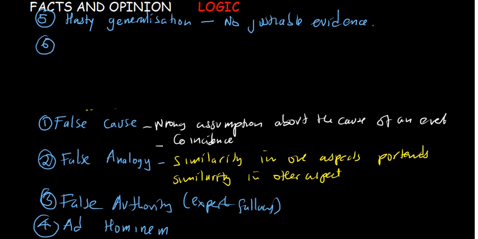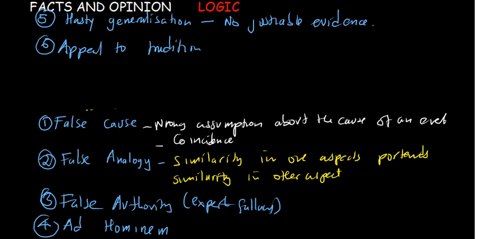And then there is also appeal to tradition. When you're talking about appeal to tradition, it is a logical fallacy arising from dependence on the status of things as they have always been.